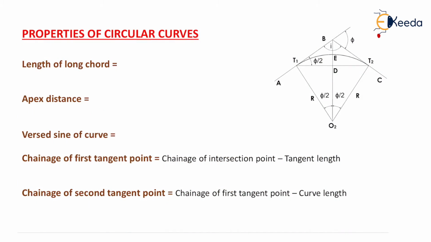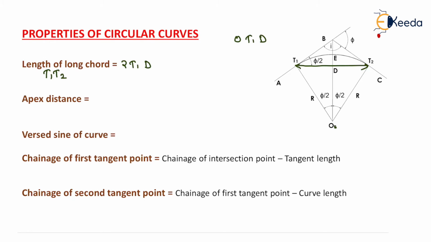Now we can move to the length of long chord, that is T1 T2. If we need to find the T1 T2 value, then it will be equal to 2 times T1D. For the computation of T1D, we will use the triangle OT1D.